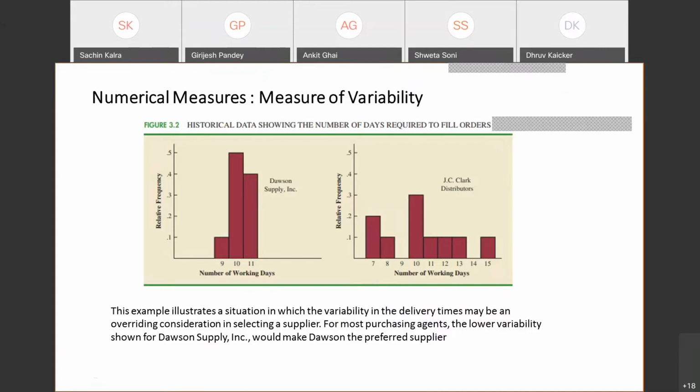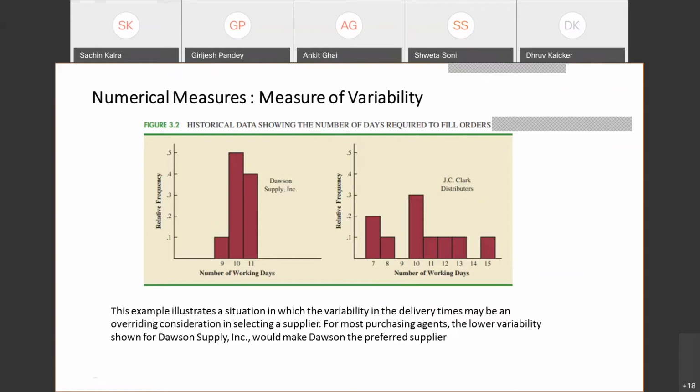Now, let's suppose you are a sales head of a company and you place orders from two suppliers, Dawson Supply Incorporation and JC Clark. You want to find which supplier fulfills the order in how many working days, and you take the average as 10 days, which is suitable for your business.